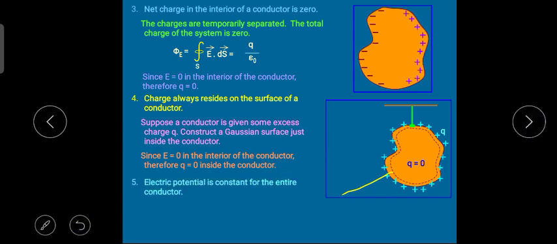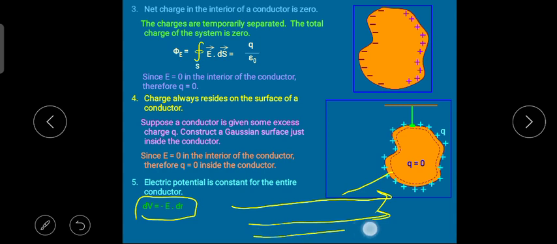Now fifth point is electric potential is constant for the entire conductor. That means dV is equal to E dot dr. Now here is the important point which you have to note: if we move in the direction of electric field, suppose this is the direction of electric field, and we are moving from this point, there is a person or a charge which is moving.